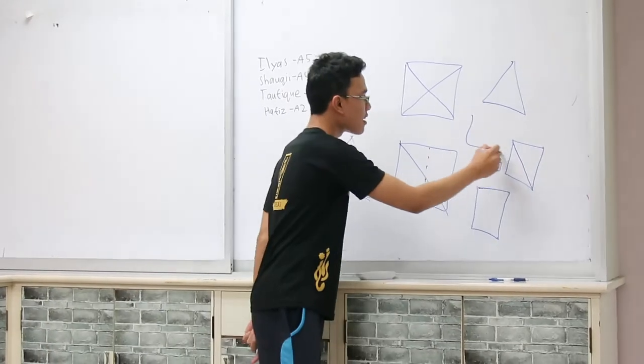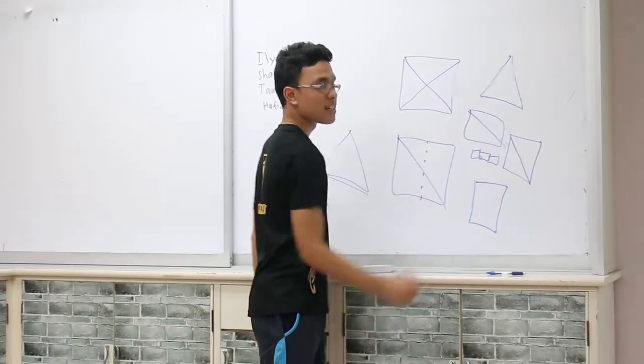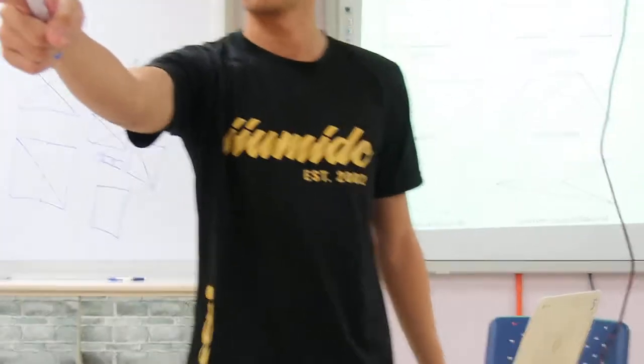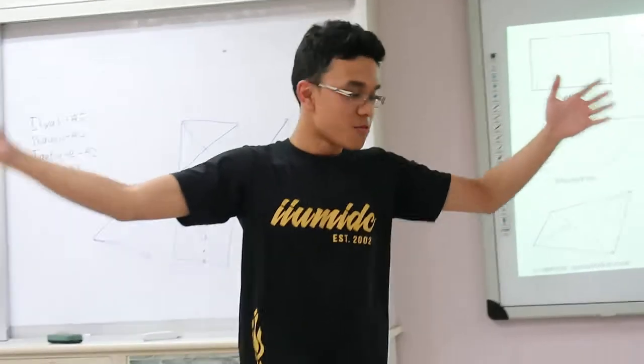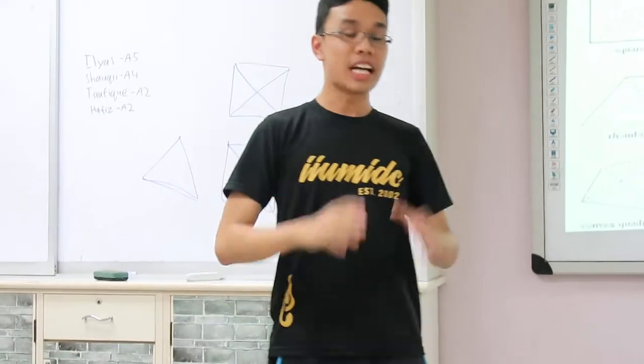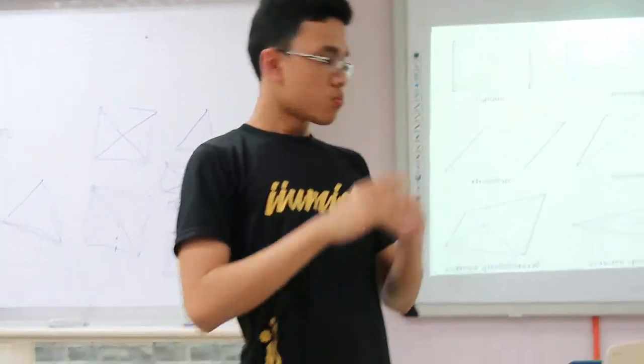However, for a square, you can easily cut it down into triangles. Everything can be cut down into triangles. So that is why triangles are very necessary in our gaming world today.